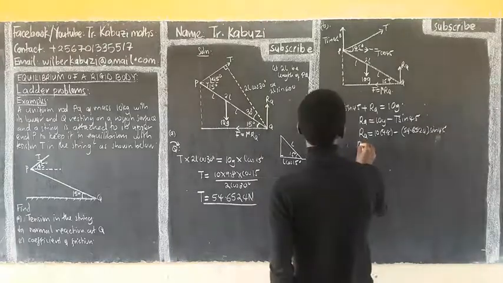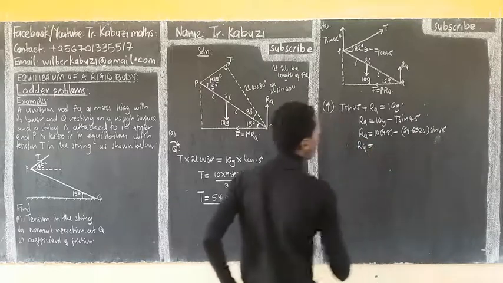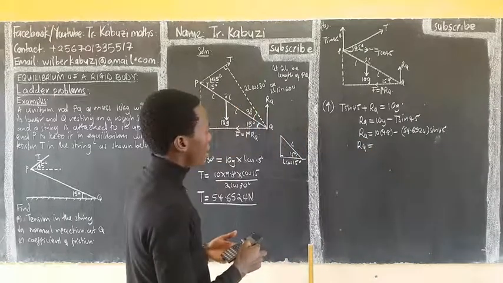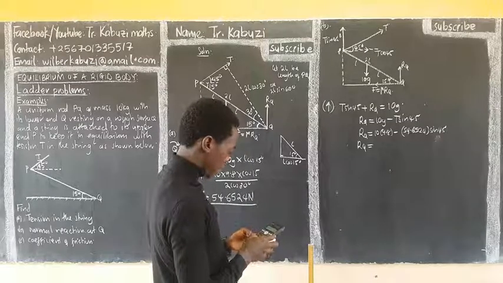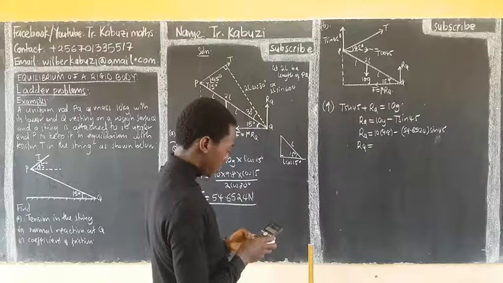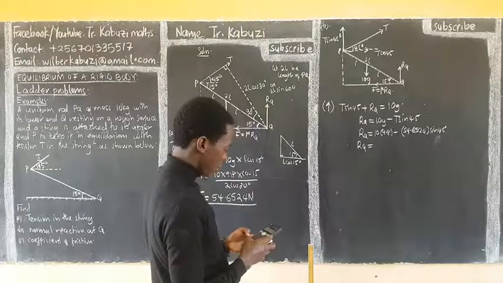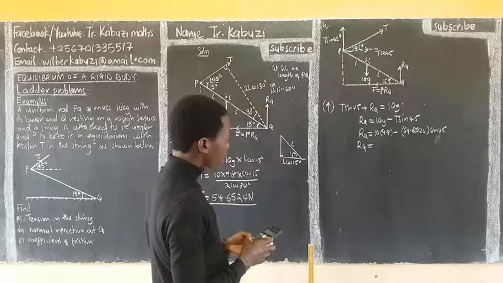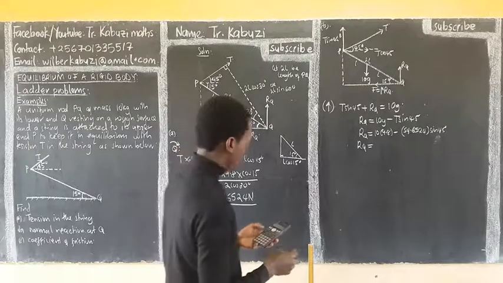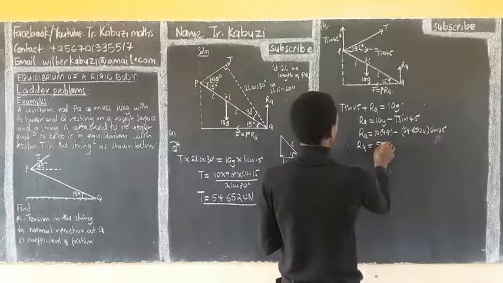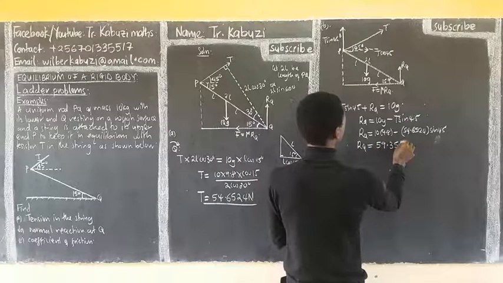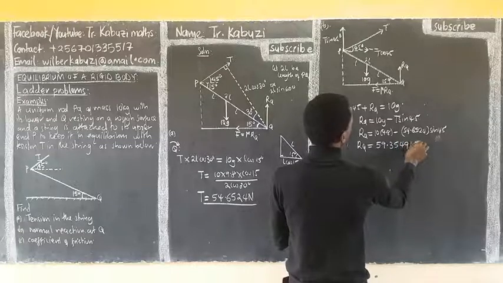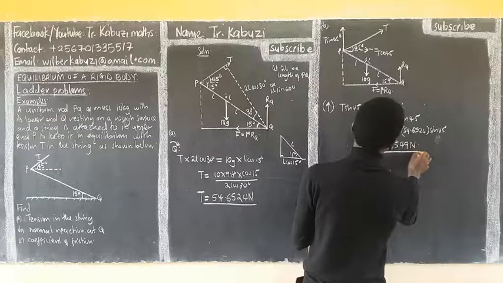So R cube is going to be 59.3549 newtons. So that's the reaction at Q.